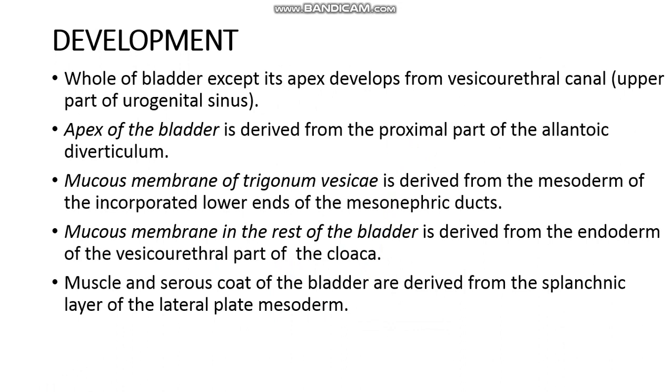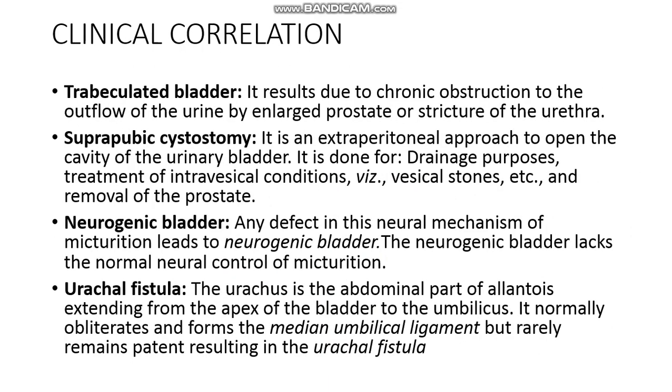Mucous membrane of the trigonum vesicae is derived from the mesoderm of the incorporated lower end of the mesonephric ducts. Mucous membrane in the rest of the bladder is derived from the endoderm of the vesico-urethral part of the cloaca. Muscle and serous coat of the bladder are derived from the splanchnic layer of the lateral plate mesoderm.